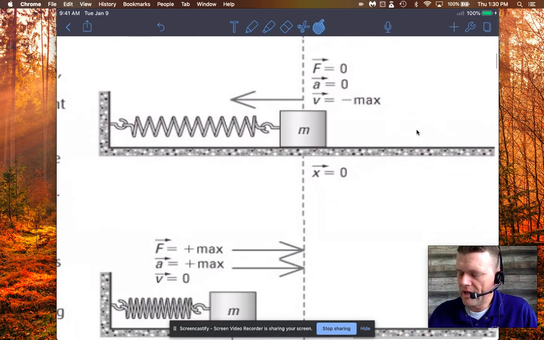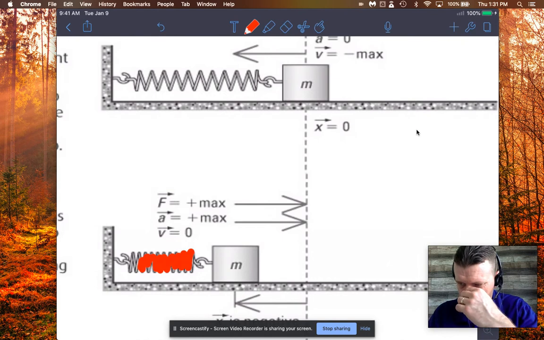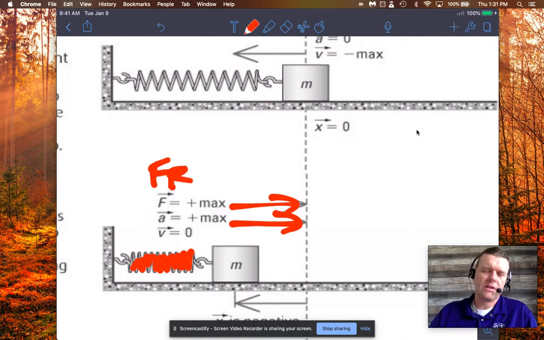A few seconds later, the mass has passed that point, and now it has compressed the spring. You see that here. The spring wants to go back towards equilibrium, and so you have a restoring force, Fr, and an acceleration. But at the maximum displacement, you would have a velocity of zero.